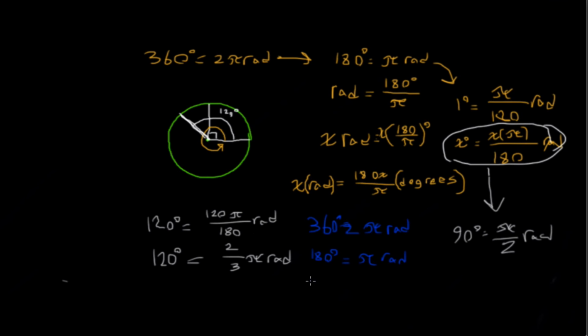And hence 90 is equal to, right, pi over 2. And we can reduce it even to 45. It's equal to pi over 4. Alright, so that's great. Now we know how to compute radians from degrees.